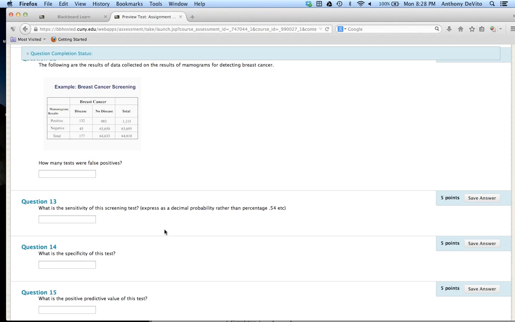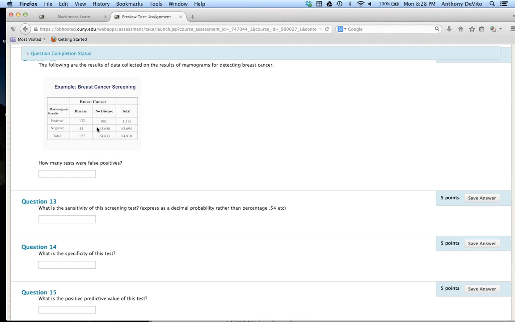What's the specificity of this test? That gets a little bit more complicated. Specificity is how good it is at identifying people that don't have the disease. Well, let's see how often it got that right. There were 64,000 people that didn't have the disease. It got it right 63,000 times.